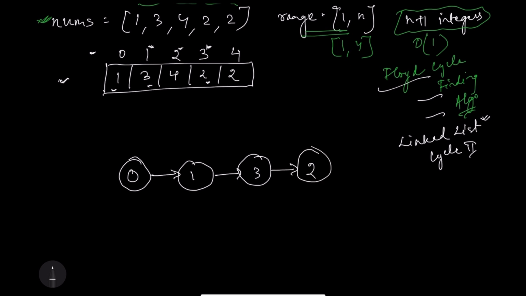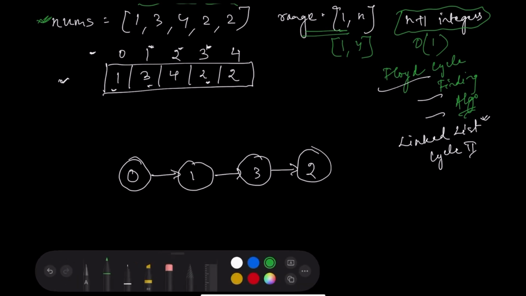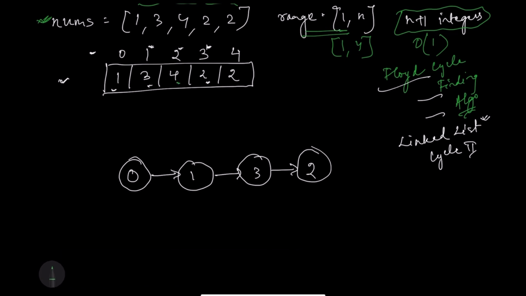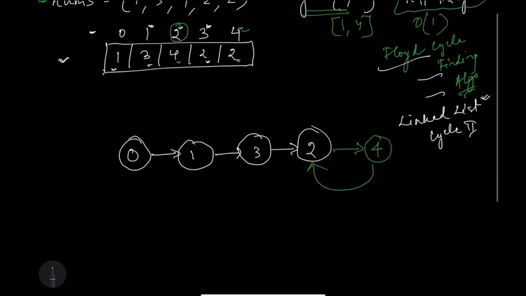So we are just keeping track of the indices and they are our nodes. From here, our 2 is pointing to 4 and our 4 is pointing to 2. So we can see that there is a cycle, like a linked list cycle problem.